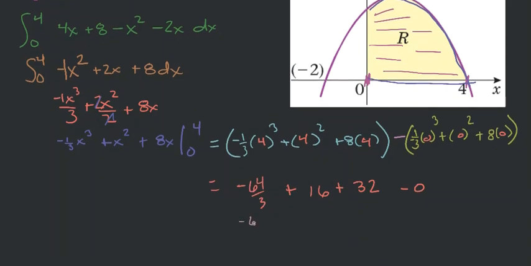So now in order to simplify that, we are going to have negative 64 over 3 plus 48. This again can be done on your calculator, but I'm going to just do over 3 and over 3.